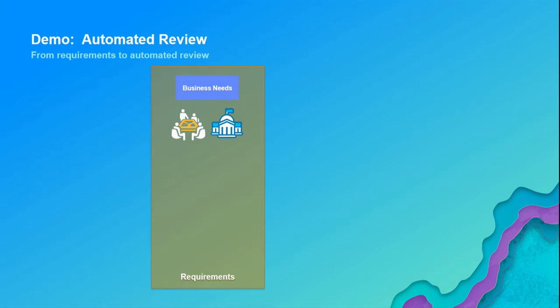So as part of the first demonstration, what we are going to do is, as an organization, we have some business needs to have high quality data. So we're going to establish some rules, and those rules will be translated as functional requirements.